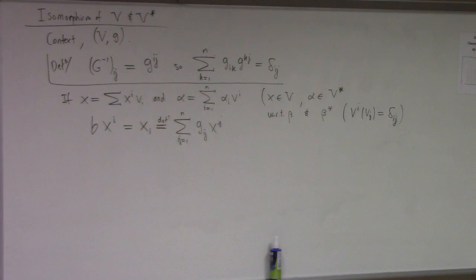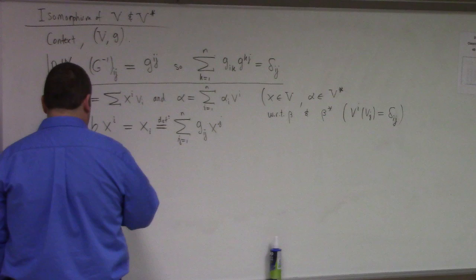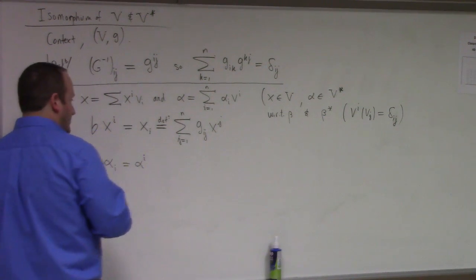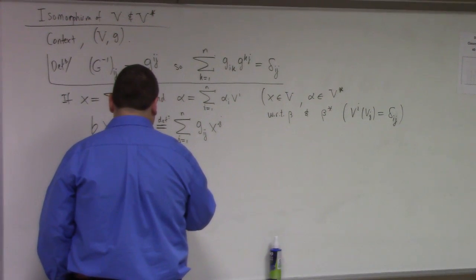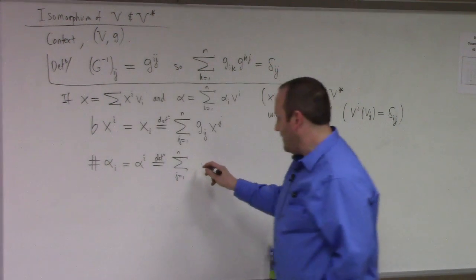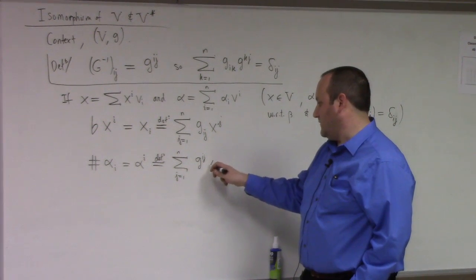There's a sort of conservation of indices between up and down. The sharp of alpha lower i is by definition alpha upper i, and by definition this is the sum, j equals 1 to n, of g upper ij alpha lower j.